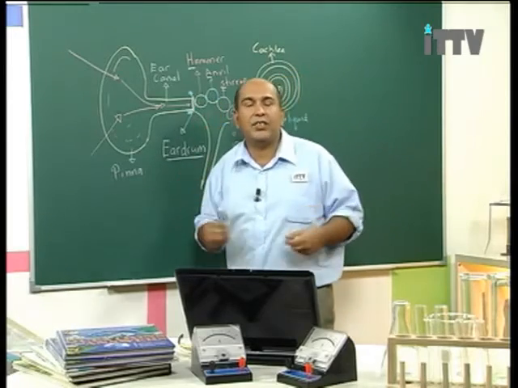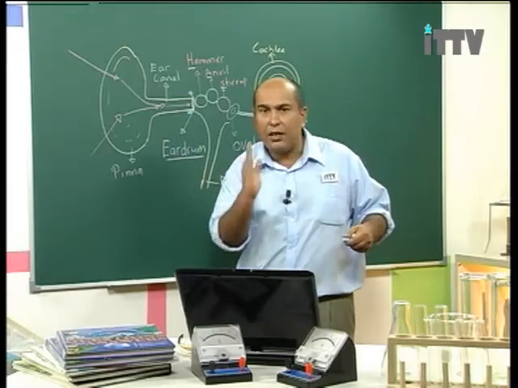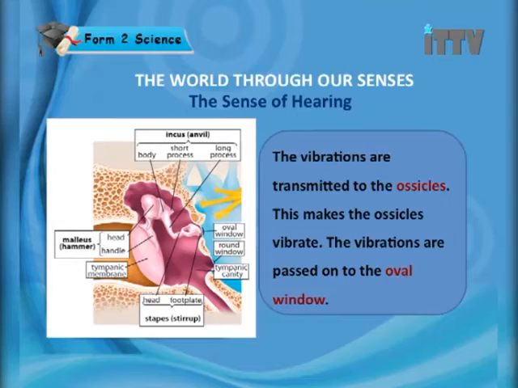If you have a loud sound, it will vibrate quite a lot. If you have a soft sound, it just vibrates slightly. The vibrations are transmitted to the ossicles. This makes the ossicles vibrate. The vibrations are passed on to the oval window.